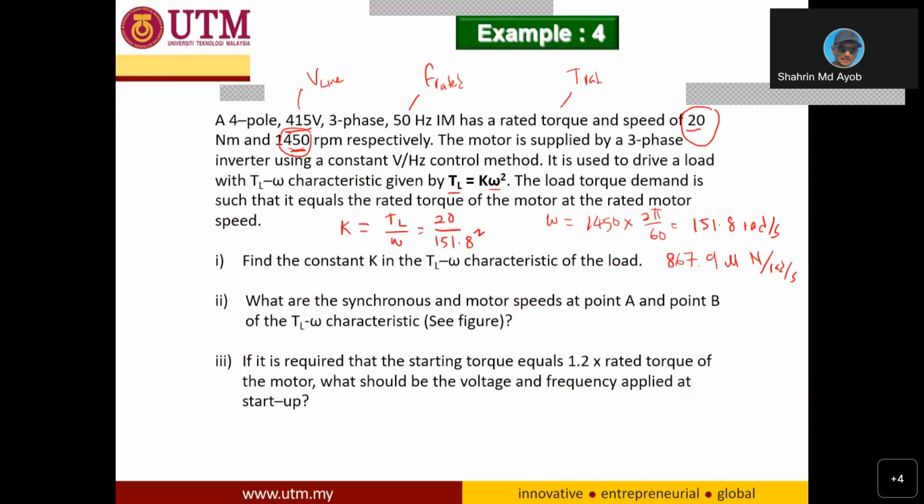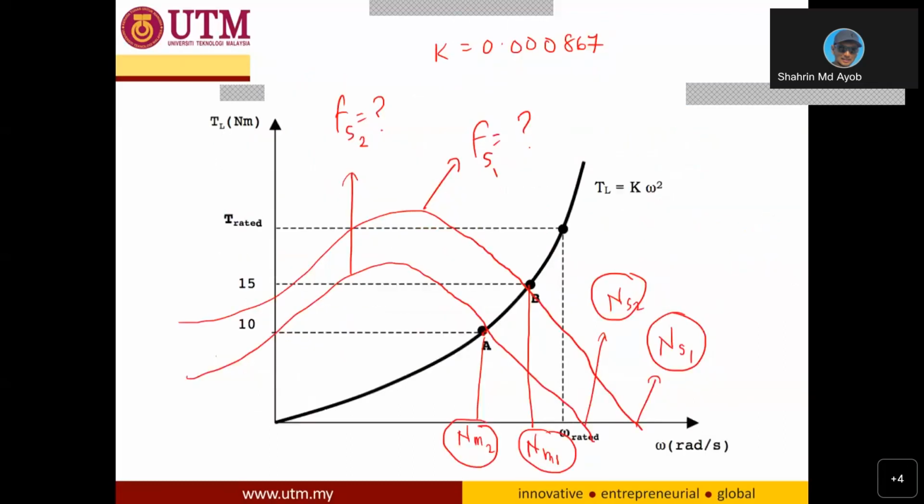Ya, sepatutnya include. This one dia sekali dengan soalan. Dia suruh cari point A dengan point B. Given that at point A the torque is 10 Newton meter and B is 15 Newton meter. Use yang ni kan? Torque is equals to K. Kan? Okay. So right now, yang ini T, saya kata T1. This one is T2.